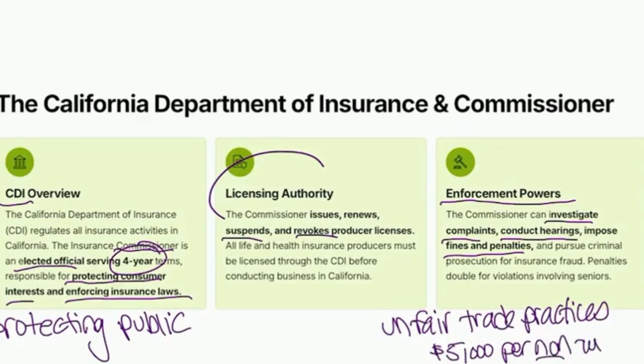So even if you didn't know you were doing it, you can still get fined up to $5,000 per non-willful act. But if you did, well, not you guys, but the person in this scenario, it can be up to $10,000 per willful act. Okay. And these are unfair trade practices or prohibited practices violations.